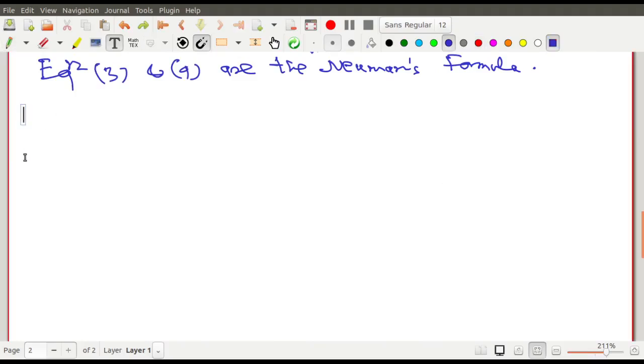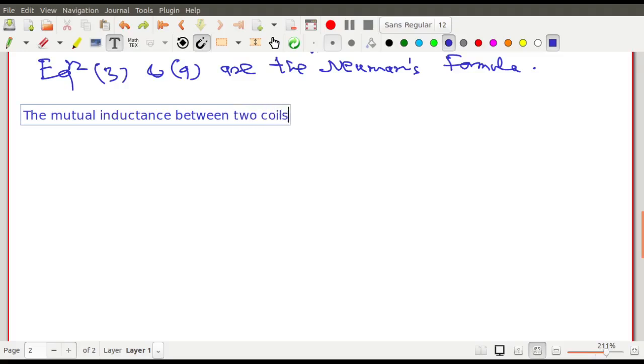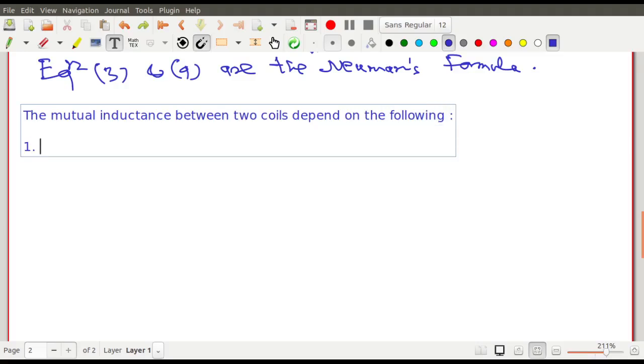Number 1, the mutual inductance between two coils depends on the following. Number 1, প্রথম কথা কী?